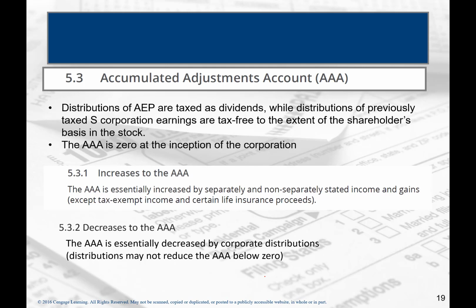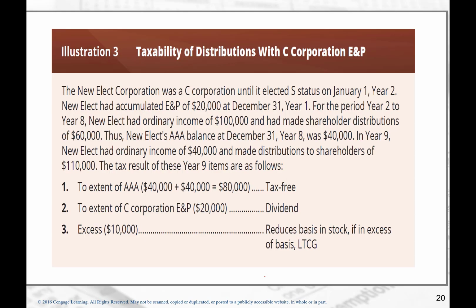Now I'm going to show you 2 examples, and the second one is probably the better of the 2. The problem that I have with example number 2 is it keeps that AAA static, and so you lose the point that the AAA is actually moving from year to year as we have amounts that have been earned by the S Corp, as we have withdrawals, etc. So you kind of have to take the 2 examples together here to get a full picture.